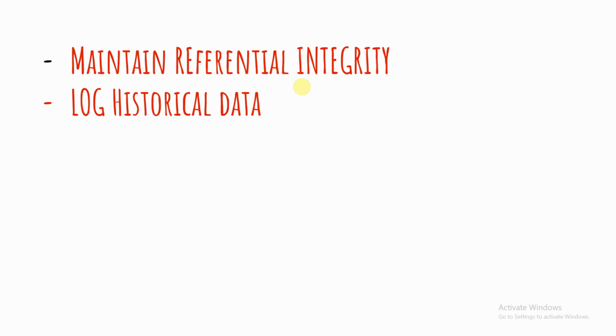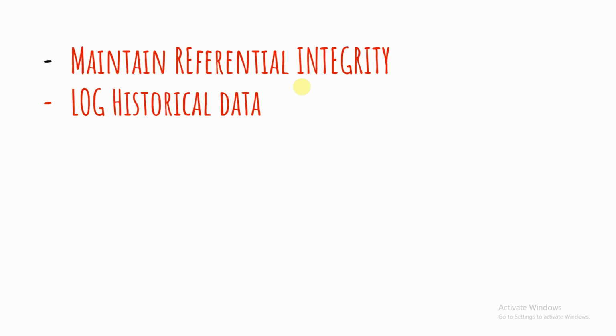The other thing, which is very important here, is maintaining referential integrity. This is the first point, but I am explaining it in the last, because it is a very important thing and it should not be explained in a hurry.